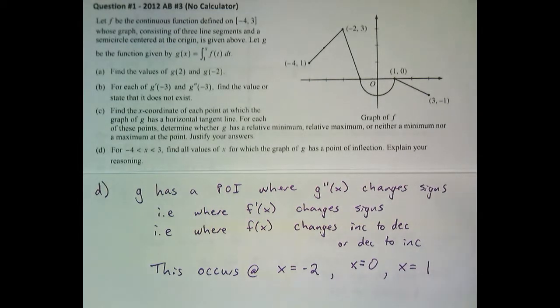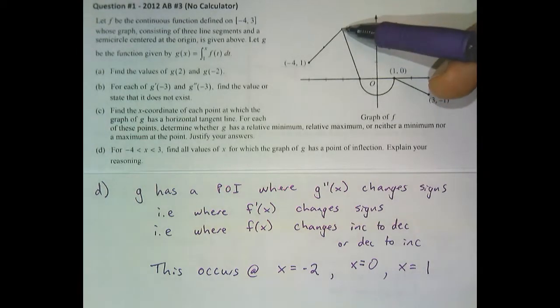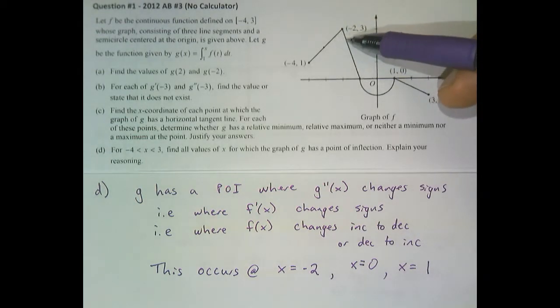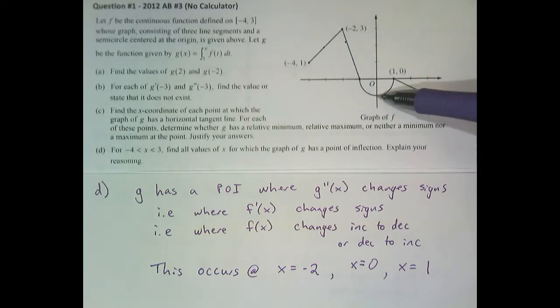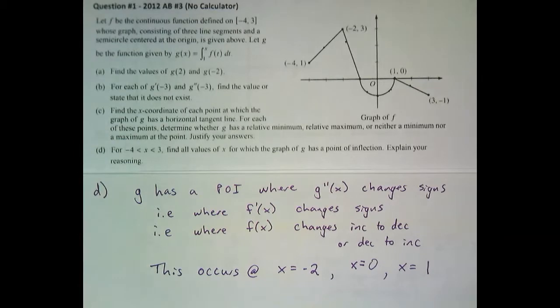So there's 3 locations. We're changing from concave up behavior to concave down behavior at -2. We're changing from concave down behavior to concave up behavior at 0. And then finally at x equals 1, we have concave up behavior to concave down behavior for the graph of G. This is worth 2 points.